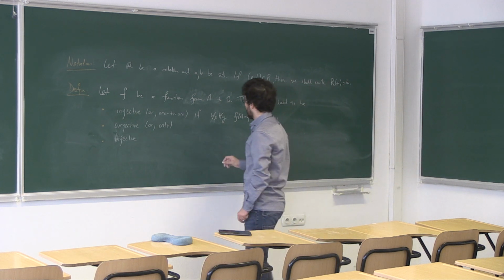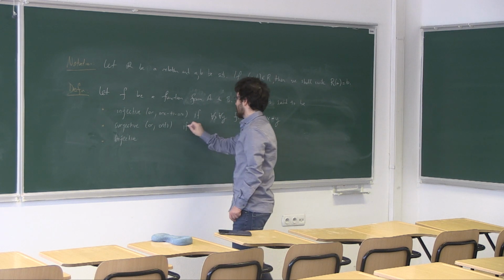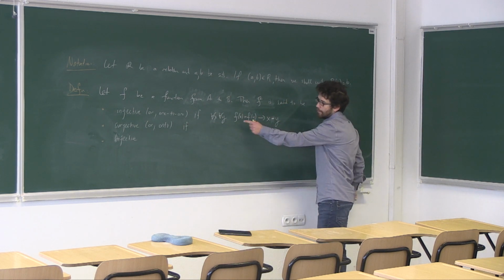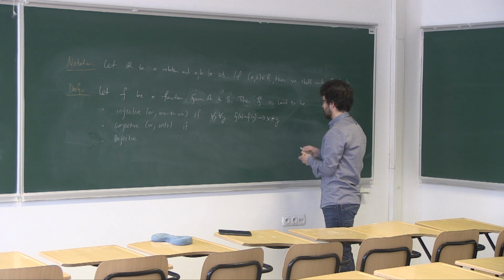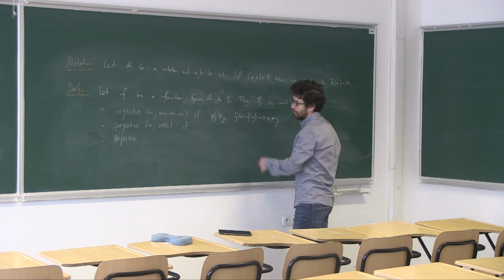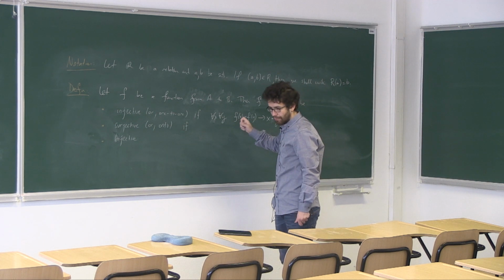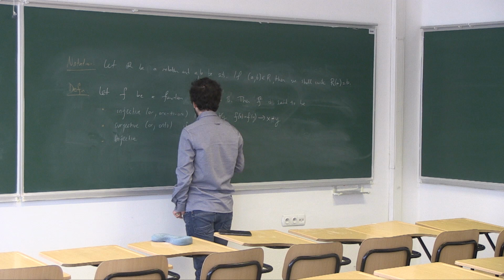Okay? So for all x, for all y, if f(x) equals f(y), then x should be y. This is the same as saying that the inverse relation of f is well defined.